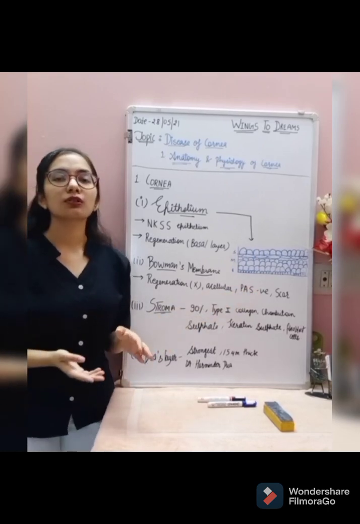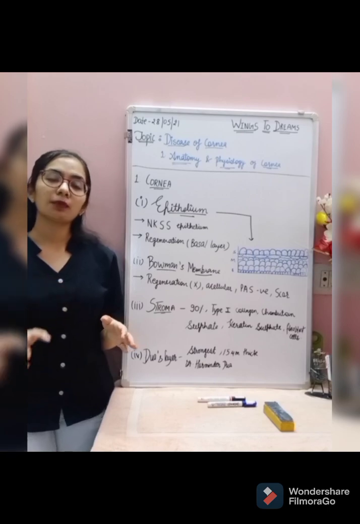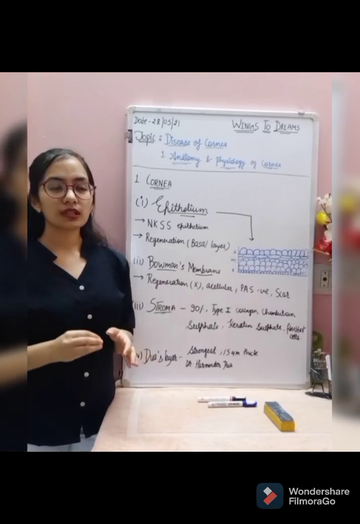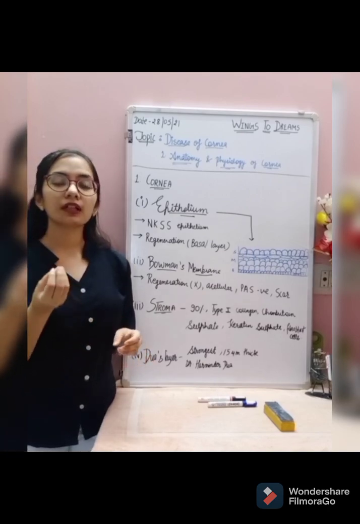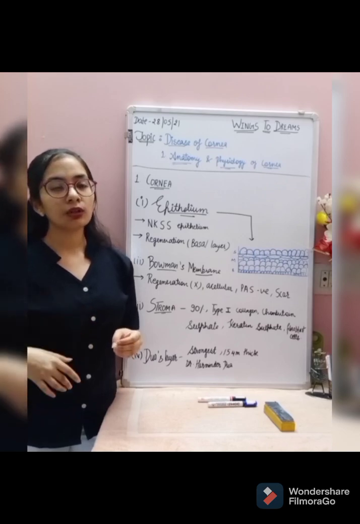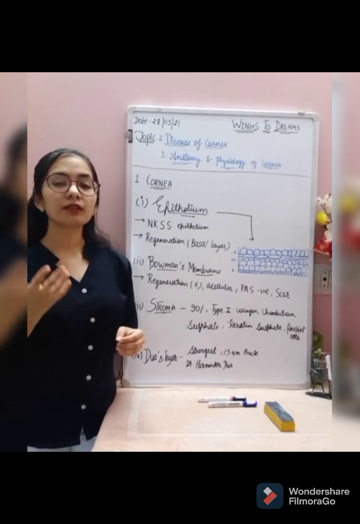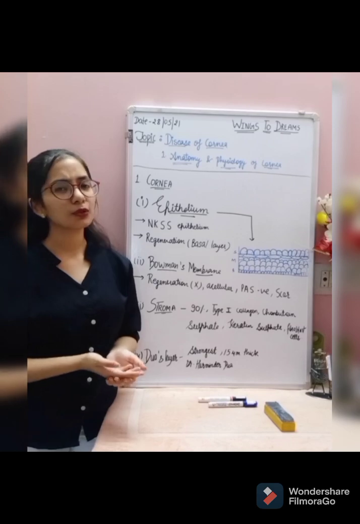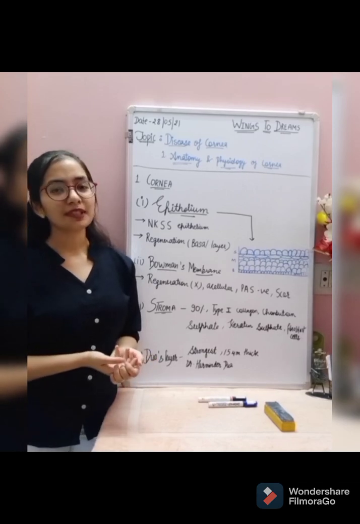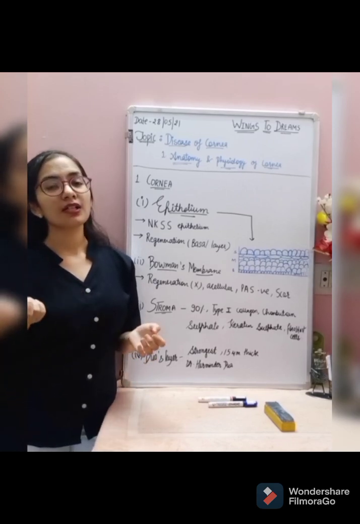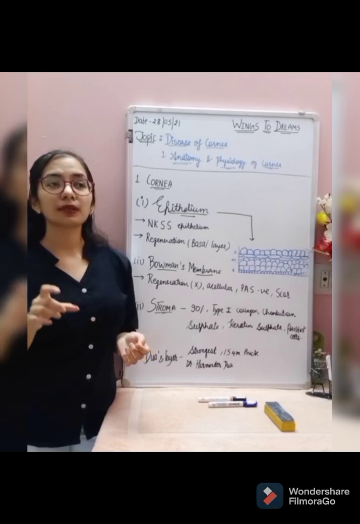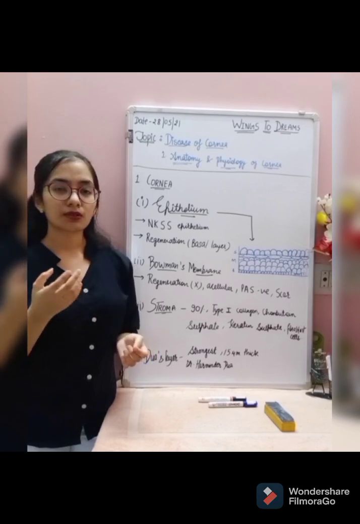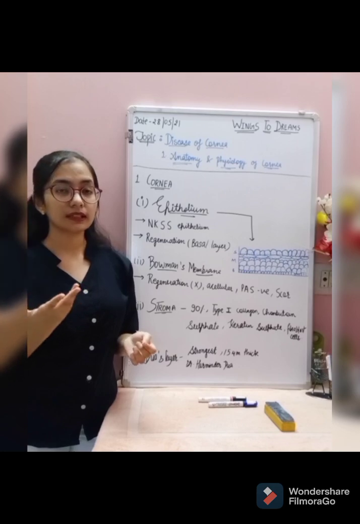Now a question comes: which type of opacity mostly impairs our vision? I told you there is full opacity in the case of leukomatous, so you will all answer leukomatous. But no, I have asked which kind of opacity may result in distortion, that is, where vision is intact.